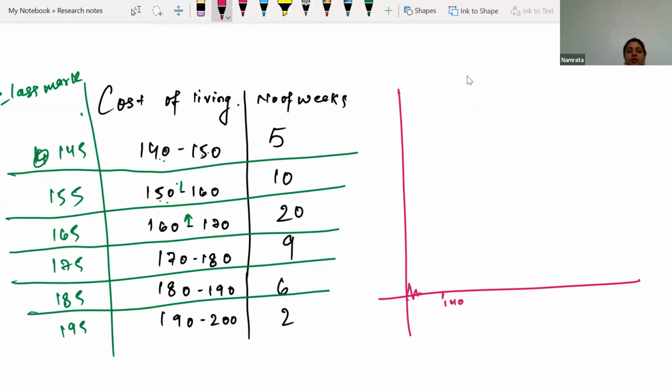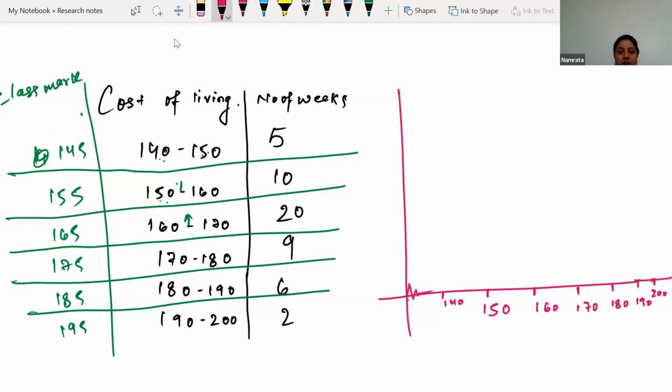Here a kink will be there as you are jumping directly to this interval. If we are starting from 0, then no need to draw this kink or break. Okay. 150 to 160, 160 to 170, 170 to 180, 180 to 190, and 190 to 200. Let's continue.